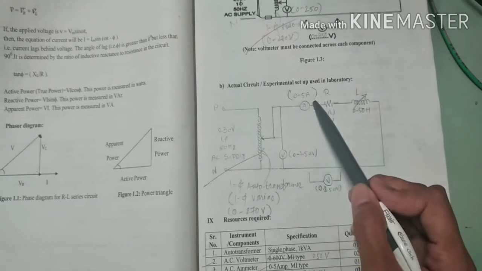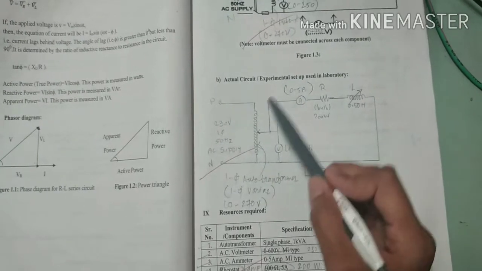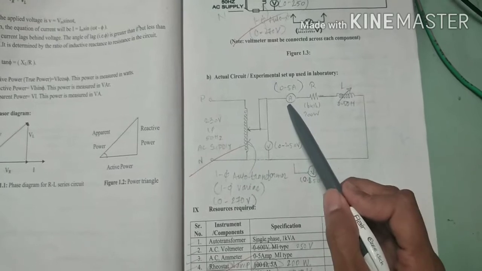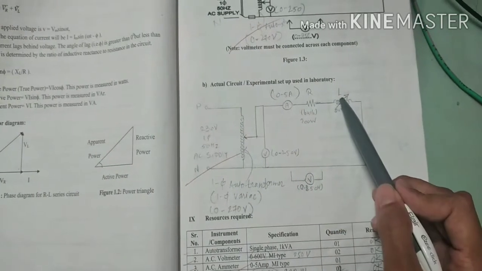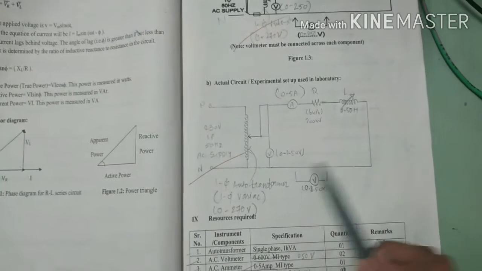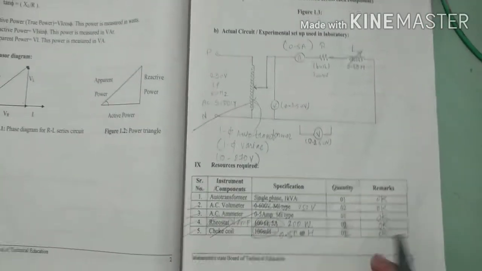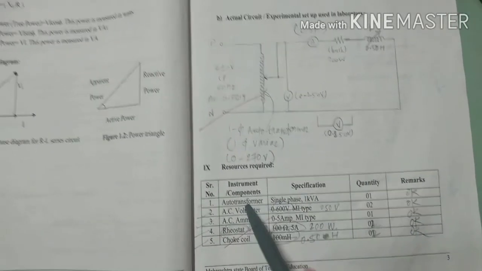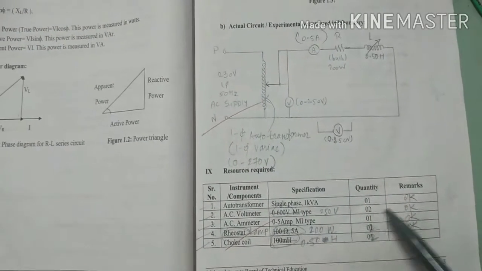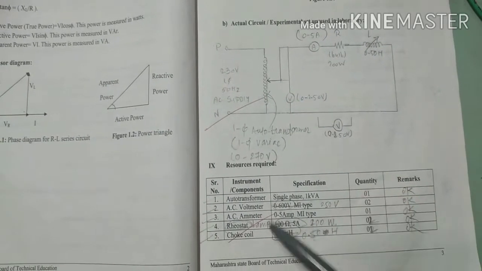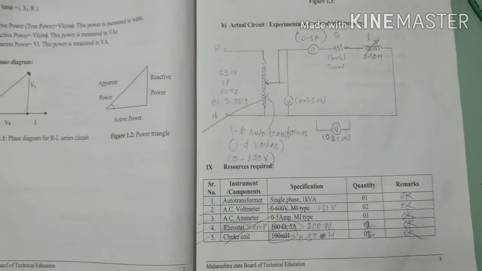We also have connected one ammeter in series with this circuit, and as this is the RL series circuit, we have connected the resistor and one inductor, means one bulb and one choke coil, in series with this circuit. So we have connected one auto transformer, one voltmeter, one ammeter, one lamp and one choke coil.